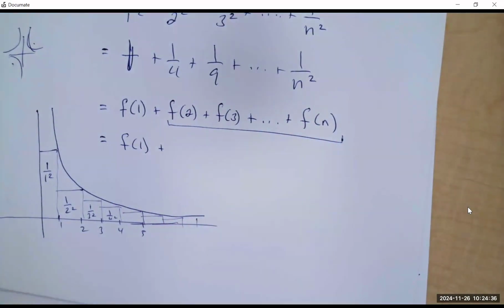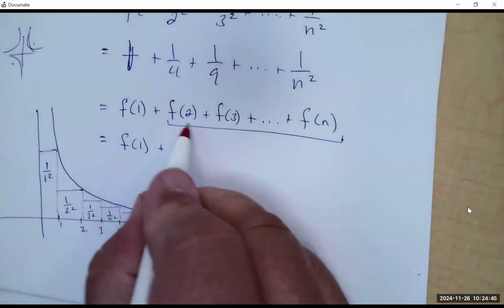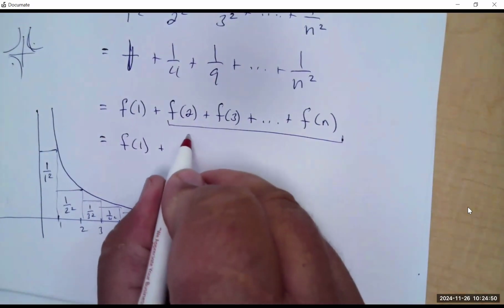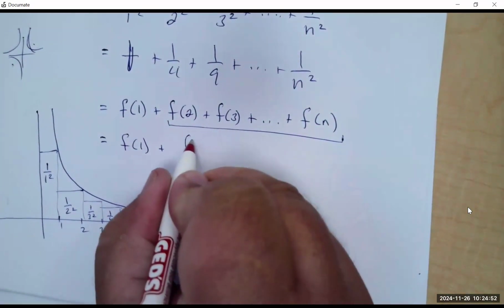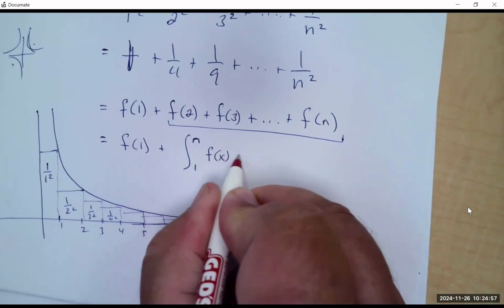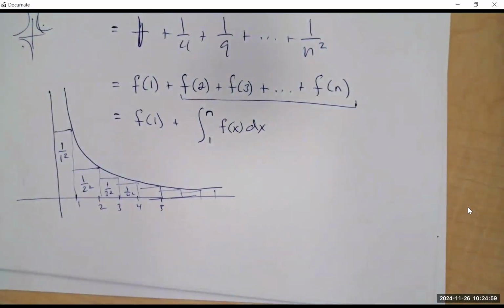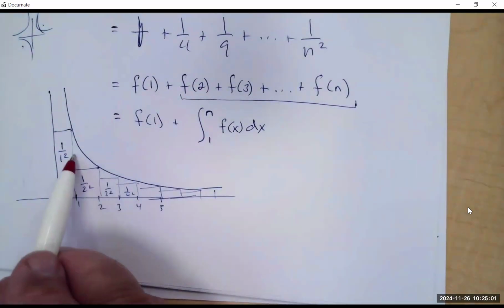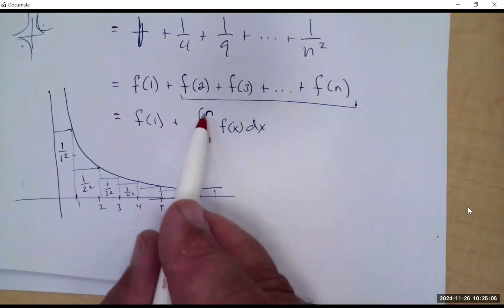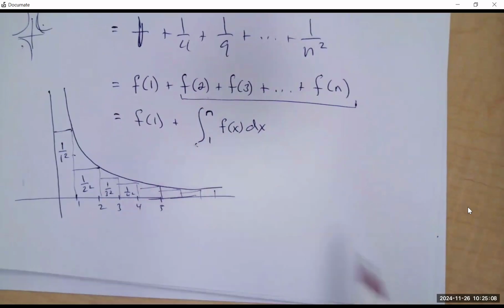Can we rewrite those as a sequence, as an integral? Because remember, since we're looking for areas under the curve, the areas represent the Riemann sum, which is the integral.